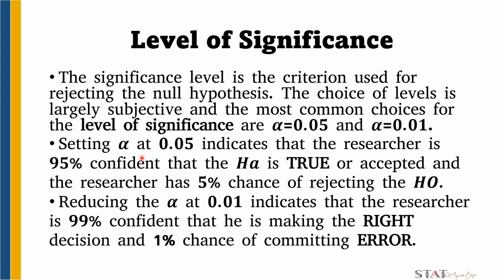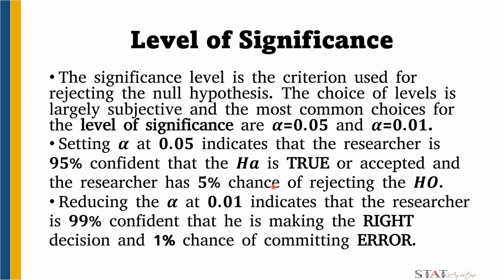So setting alpha at 5% or 0.05 indicates that the researcher is 95% confident that the alternative hypothesis is true or accepted, and the researcher has a 5% chance of rejecting the null hypothesis.